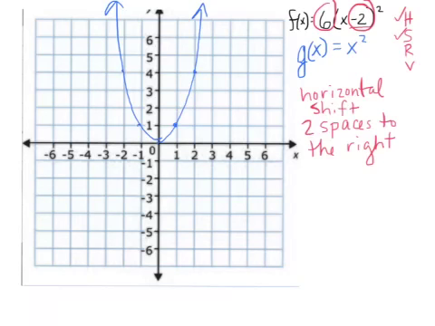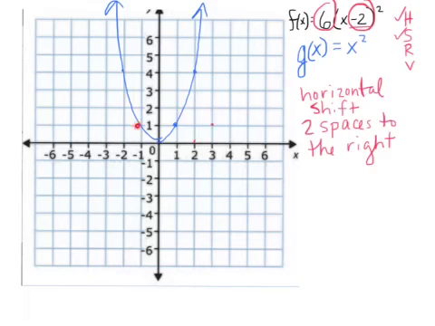So we'll start first by doing our horizontal shift 2 spaces to the right. So I'll just move all these points that I've put down 2 spaces to the right. So that one, it was at the origin, I've just moved it 2 spaces to the right. If I take this point here and move it 2 spaces to the right, it goes here.